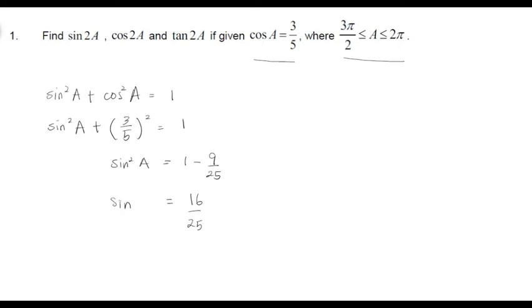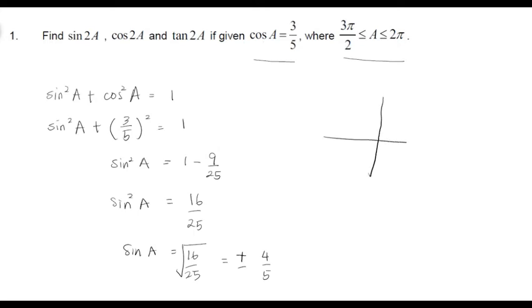So for sine A, we get the square root of 16 over 25, which is plus minus 4 over 5.